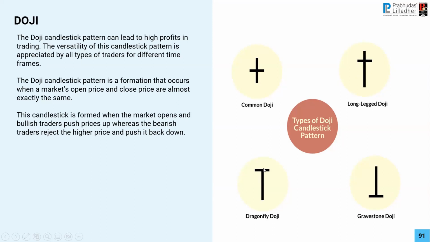Dragonfly doji means high banke upar ka udhar hi sustain hua hai aur wahan se selling, okay, again it has come to the high point. And then we have the gravestone doji. So gravestone doji is where the stock opens high but closes at the low. So we are seeing that it is a part of exhaustion of the bullish view.